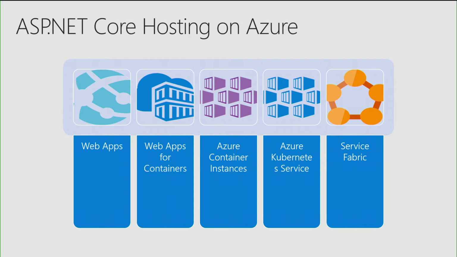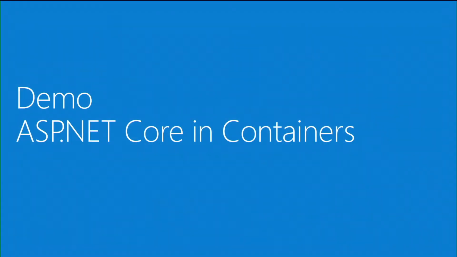If I wanted to run highly distributed systems on Kubernetes, we have that offering as well. So if I'm running large microservice type of applications, we can do it in there. And then we also have our Service Fabric offering too for large systems. So how do we put our ASP.NET Core applications in containers? What does that look like for us?